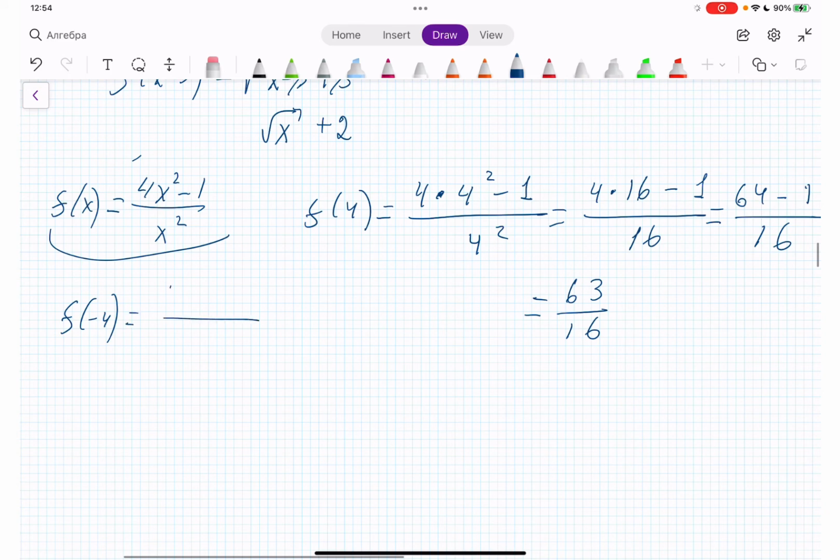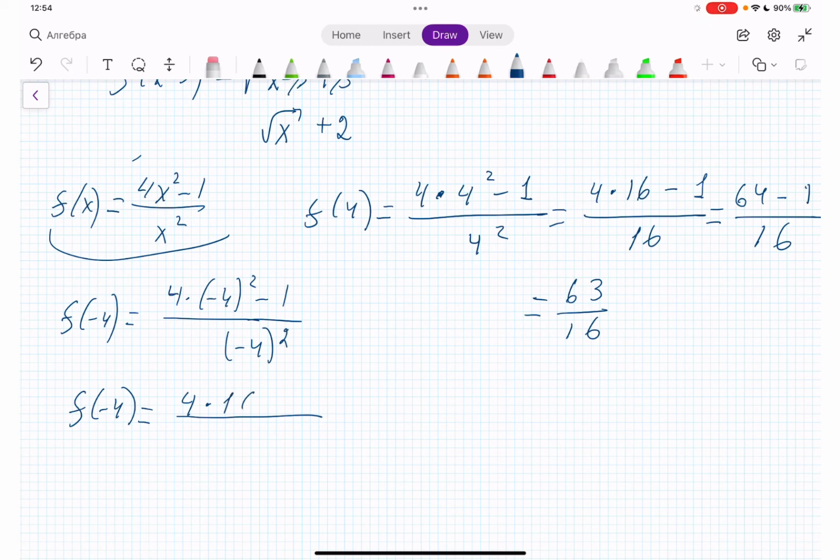It's going to be equal 4 times negative 4 squared minus 1 divided by negative 4 squared. Okay. f of negative 4 is equal 4 times 16 minus 1, and negative 4 squared is going to be 16. So we're getting same number, 64 minus 1 over 16. So it's going to be 63 over 16. Okay? All right.